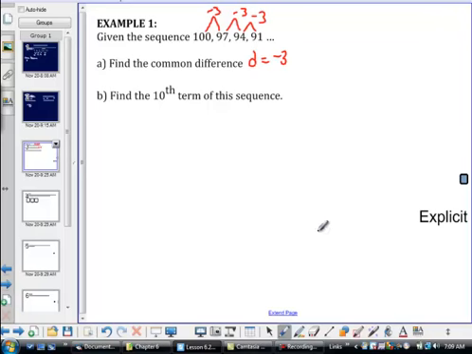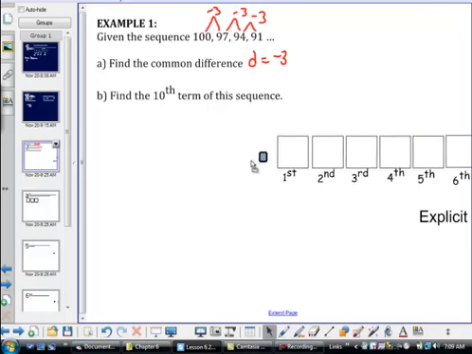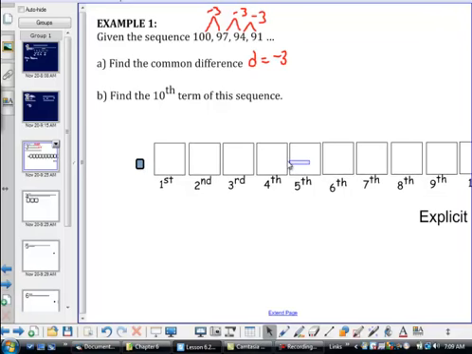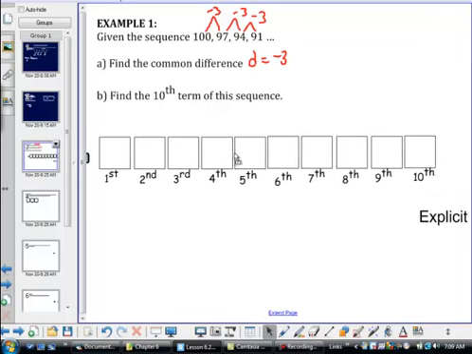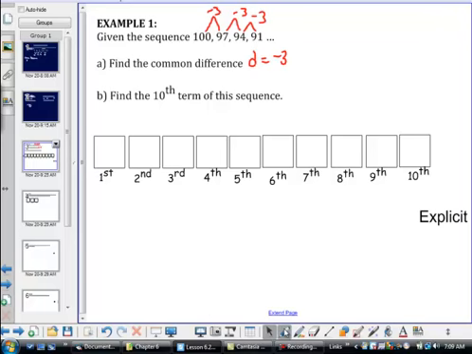All right, well, most of you will go right for the recursive. You'll see that you have the first term is 100, the second term is 97, the third term is 94, 91, and you'll just keep going.